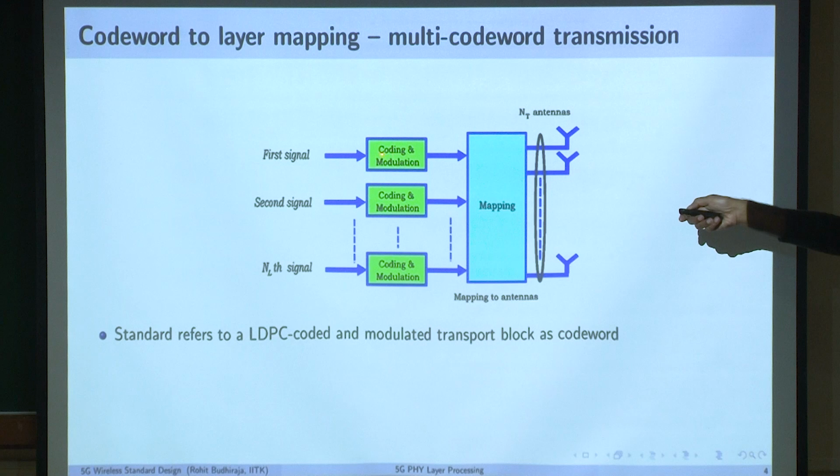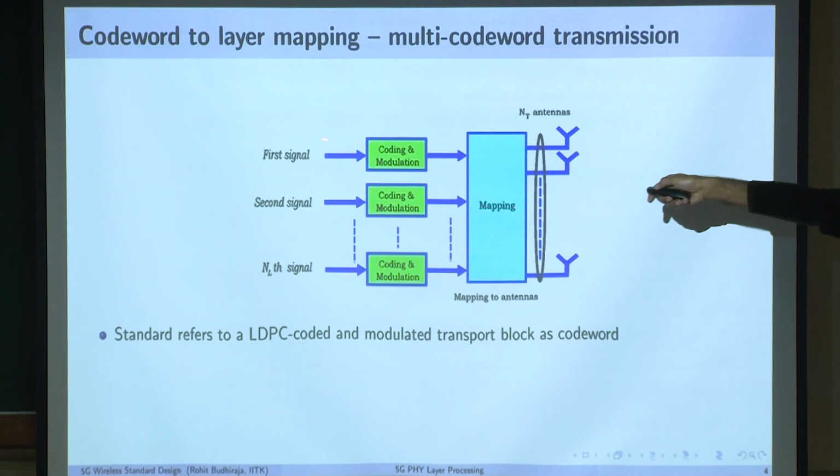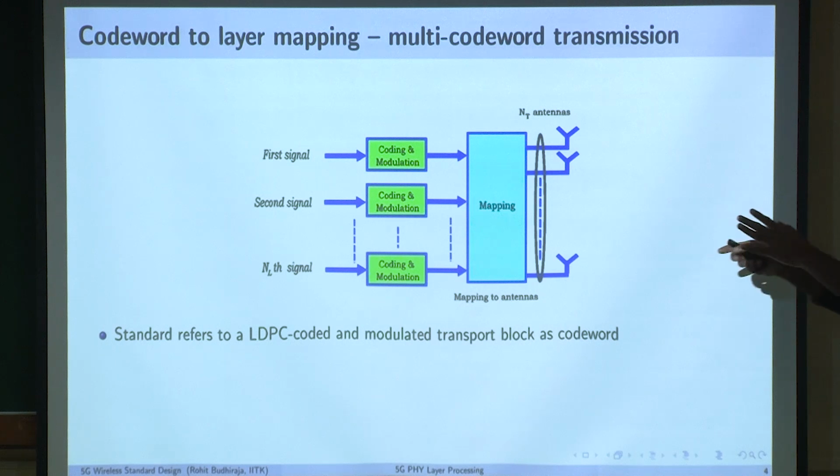When I write this coding modulation, coding modulation, coding modulation, what I mean is the complete physical layer chain for each of these layers. Then you will not need this mapping block, and what happens is you precode this and transmit over NT antennas. What am I saying here?